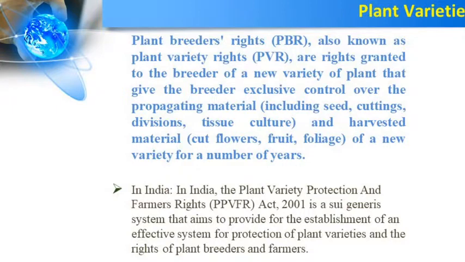What's protected in plant varieties is propagating material, including seeds, cuttings, divisions, tissue culture, and also harvested material like cut flowers, fruit, foliage. And usually this plant variety IP is valid for 20 years, or 25 years in the case of tree or vine species.